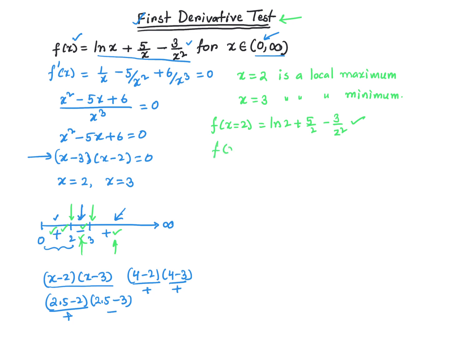And f of 3 is going to give you ln 3 plus 5 over 3 minus 3 over 3 squared, and you can find that value as well. So we have used the first derivative test to find the local extreme values for this function f of x in the interval 0 to infinity.